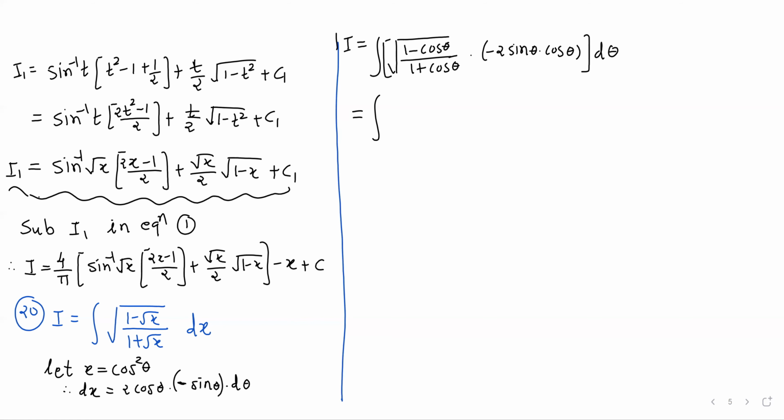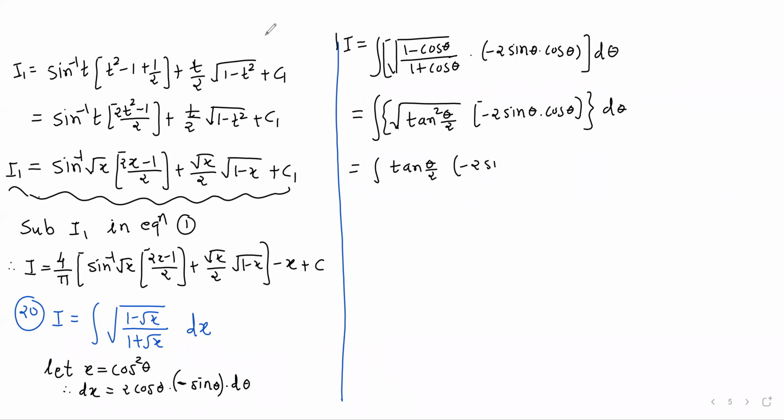So this is integration of tan theta by 2 into minus 2 sin theta cos theta d theta.